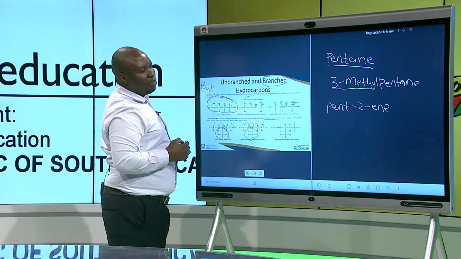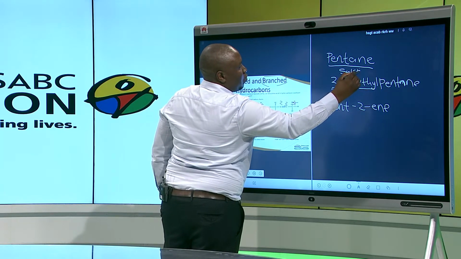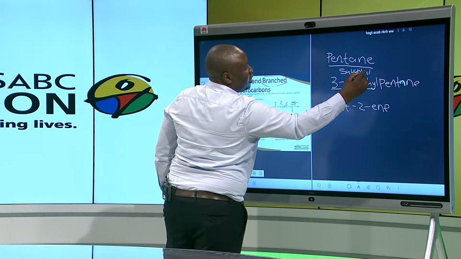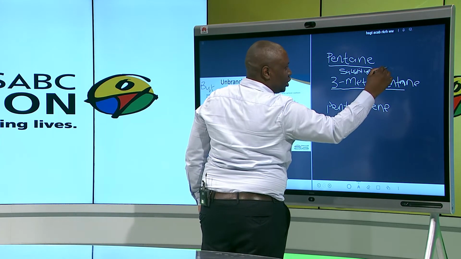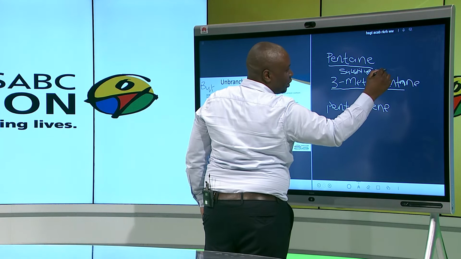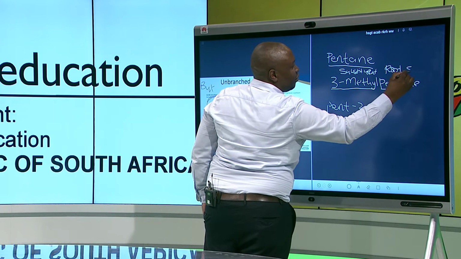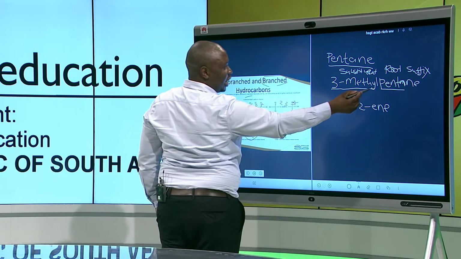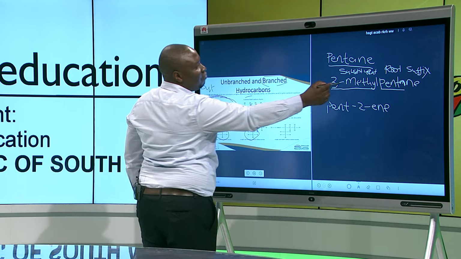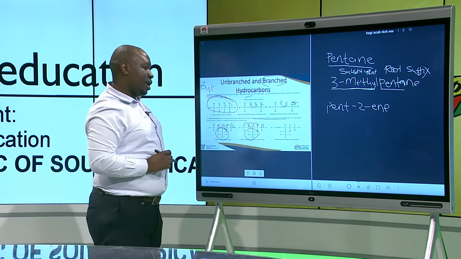You see now in our naming, we're always starting with the substituent. Then after our substituent, we write the pent, which is our root, the prefix of the name. Then the suffix, which is how the name ends. So you always write the substituent first. But when you write the substituent, you indicate the position where we find it.